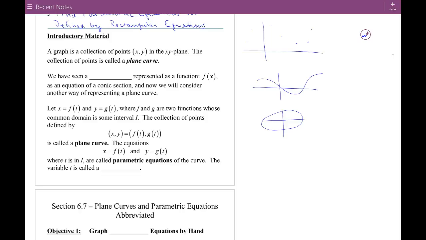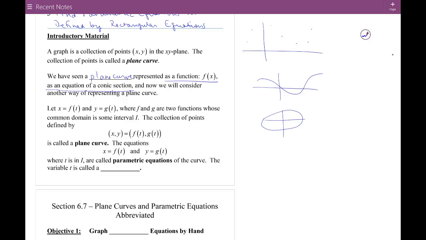So we have seen a plane curve represented as a function f of x. Then we've also seen a plane curve that was an equation of a conic section. So now we're going to talk about another way of representing a plane curve that incorporates additional information.